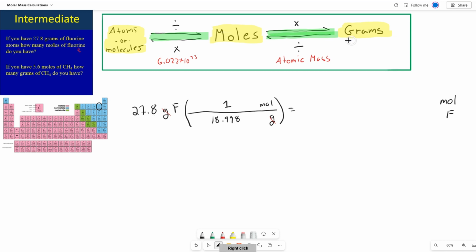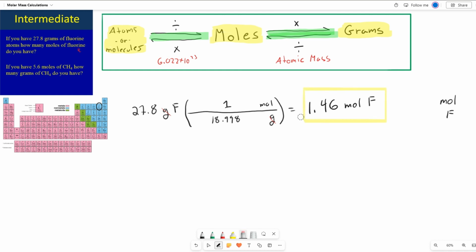And that's exactly what the chart says. You should go grams, then divide by the atomic mass, and that should get you to moles. So when we actually do this, we take 27.8 times 1 and divide it by 18.998. That gives us 1.46 moles of fluorine. And that would be the answer to that one there.